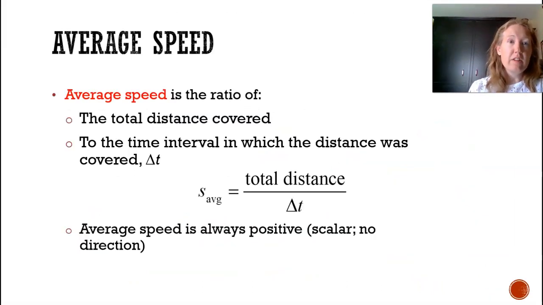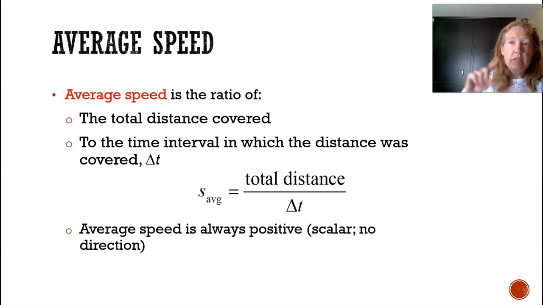Okay, and then there's the concept of average speed, which is not necessarily the average of all of the velocities. So you have to be a little bit careful here. But the average speed is the total distance you covered over the time interval it took, okay? It's always positive. It doesn't include the direction.